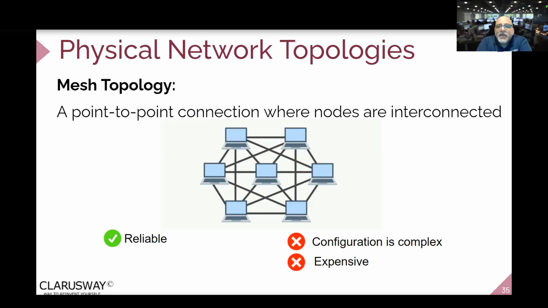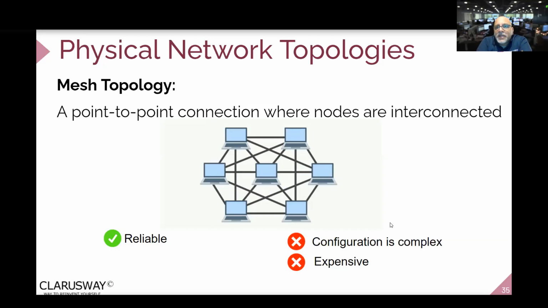Okay. So the advantages here are it's very reliable. You can see, for me to trace a path from this machine to, let's say, this machine, I mean, look at the number of paths I have. Right? It's a lot of them.